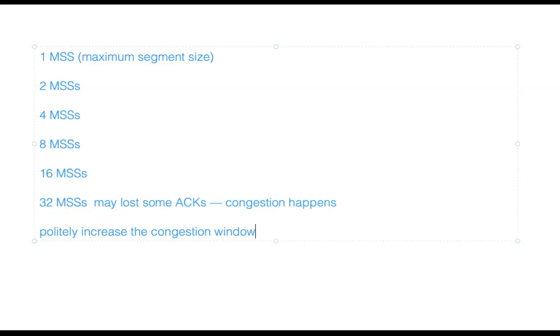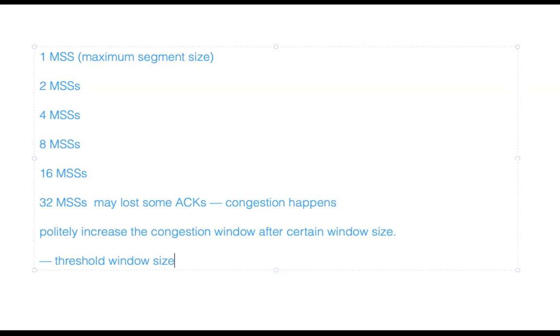I want to politely increase the congestion window after a certain window size, instead of jumping that much and pushing a lot of segments into the network. So we will introduce what we call the threshold window.